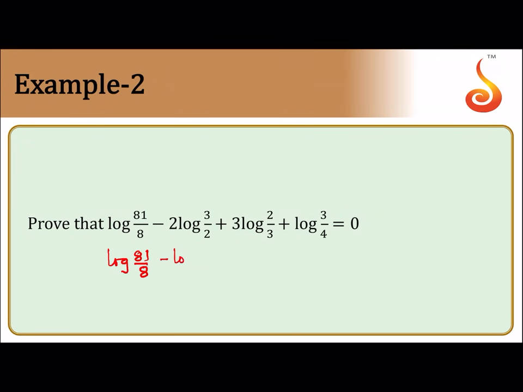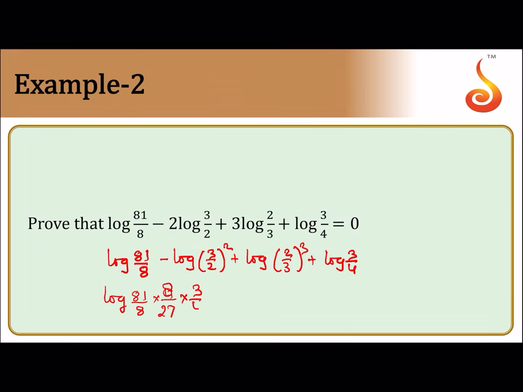Example 2. Here we use the same property. First step, log base 81 by 8 minus log of 3 by 2 whole squared plus log of 2 by 3 whole cubed plus log of 3 by 4. Next step, what we do is log of 81 by 8 into 4.